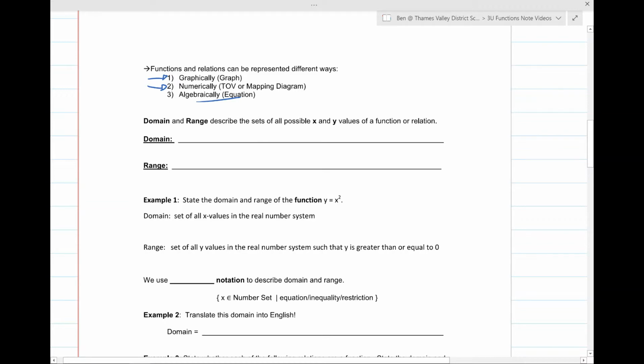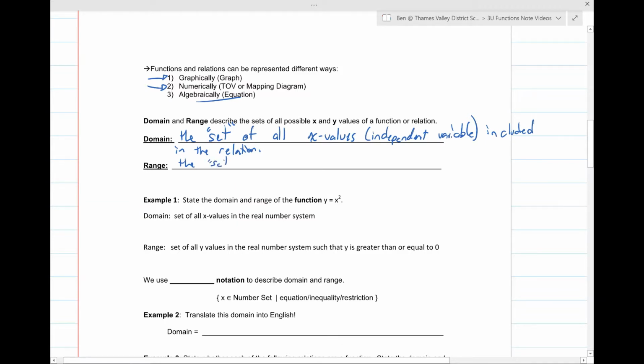So your domain is the set, and set is maybe a new term, but you're hearing that theme a lot as we go through, the set of all x values, which again are your independent variables, included in the relation. Whereas your range is going to be the same thing, but for y.